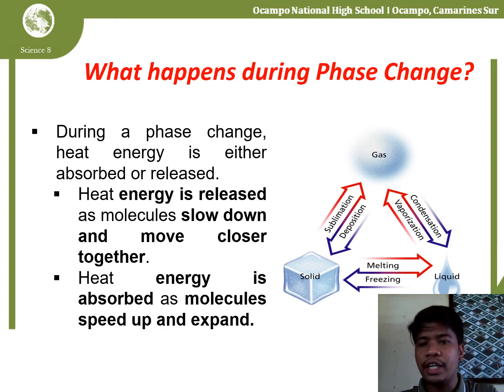When energy is released, nag-slow down na yung mga particle, yung arrangement nila, they move closer to one another. Whereas naman, kabaliktaran siya kapag yung heat energy is absorbed, ang mga molecules nag-speed up at nag-move far from each other, kaya nag-expand yung object natin.